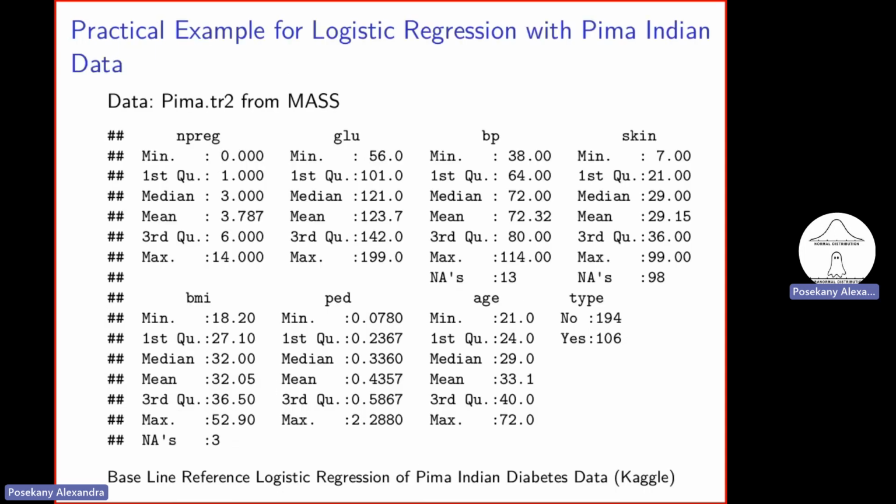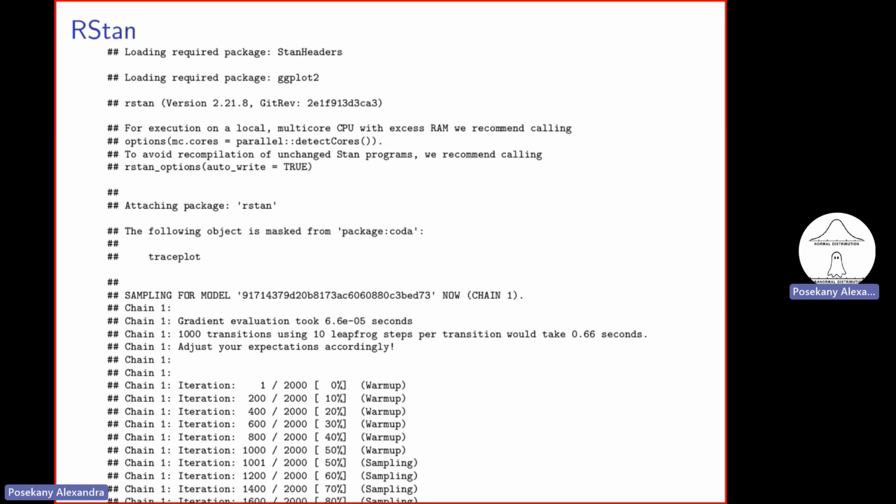What's the tree for the sampling model? The line above the chain one. Which? The sampling for model 917. Yeah, that's some internal code of what this model is within your machine, and it's creating that, I don't know. Does it store?